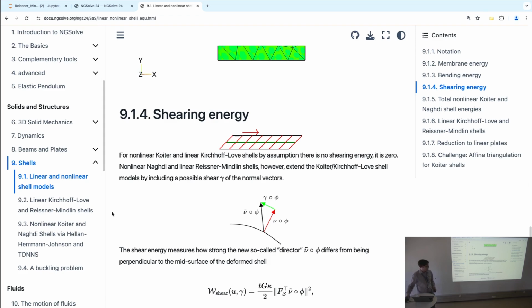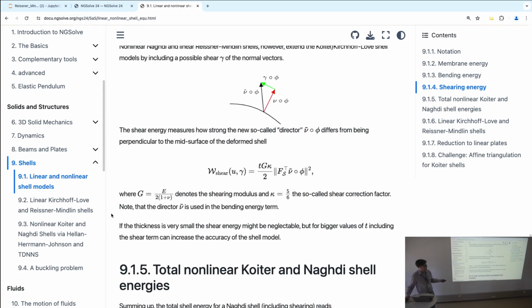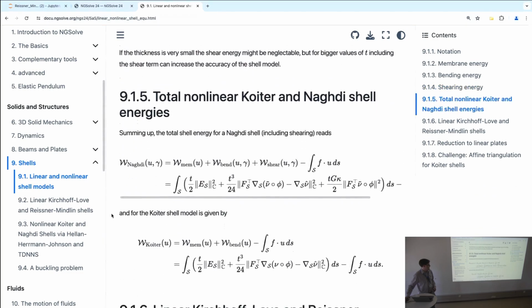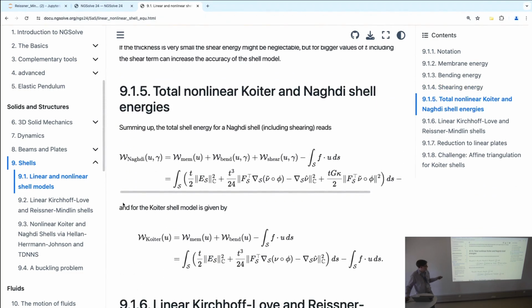And so the nonlinear shearing energy here measures how strongly we deviate from being perpendicular to the deformed surface. And so the full nonlinear Naghdi shell, or Reissner-Mindlin shell, consists of these three energies: membrane, bending, shearing energy.